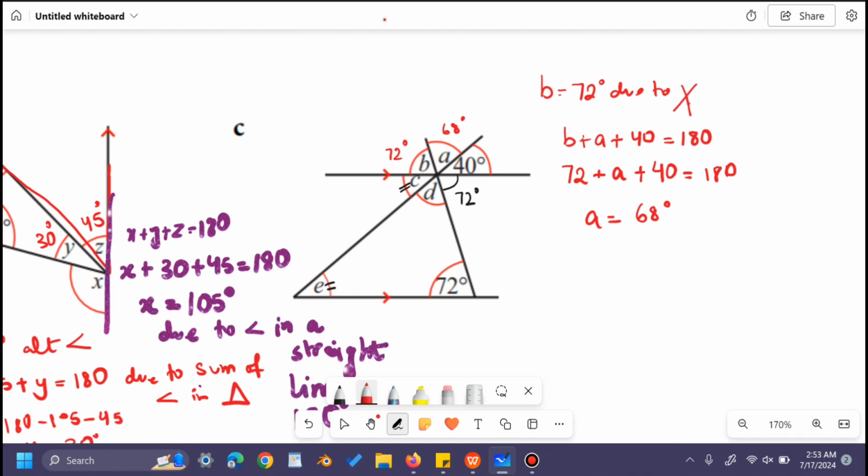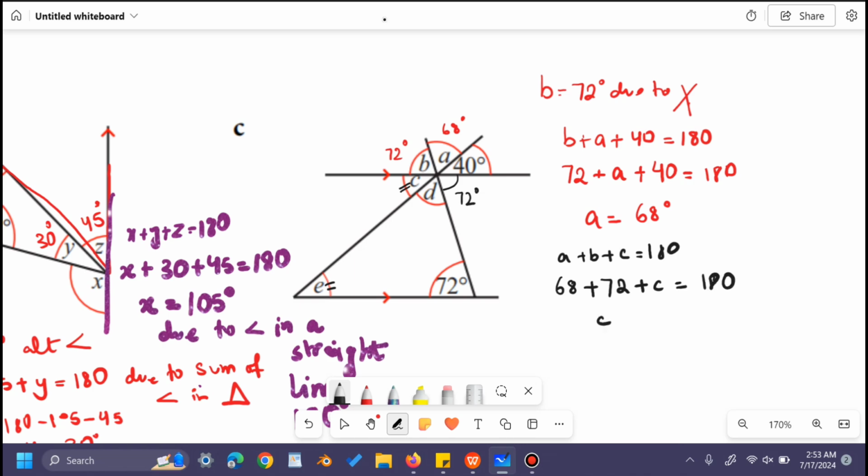For finding c, look at this. This is a straight line as well, this one, right? For this line, we can say that a, let me switch the color so it's easier to understand, a plus b plus c is equal to 180 degrees, and we know a is 68, we know b is 72, but we don't know c, so we will write it as it is and then 180 degrees.